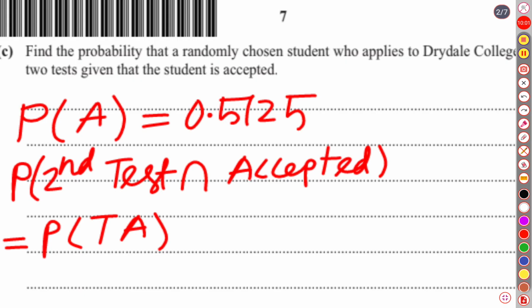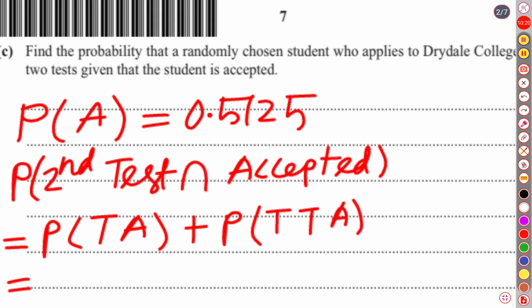Or the first time it was T, which means he needed to take the second test. The second time also he needed to take the test, and in the third trial, in the third chance, he succeeded.